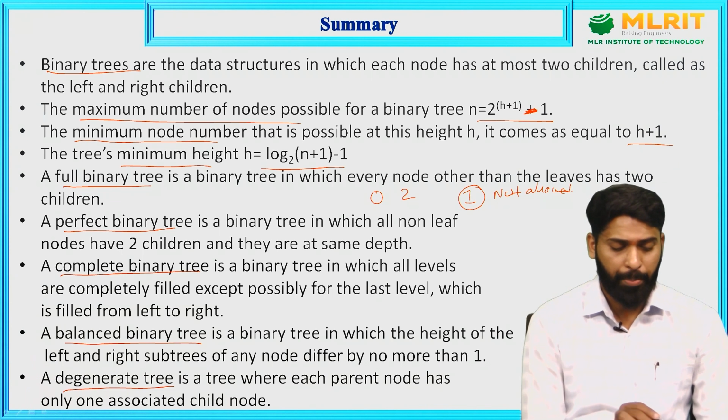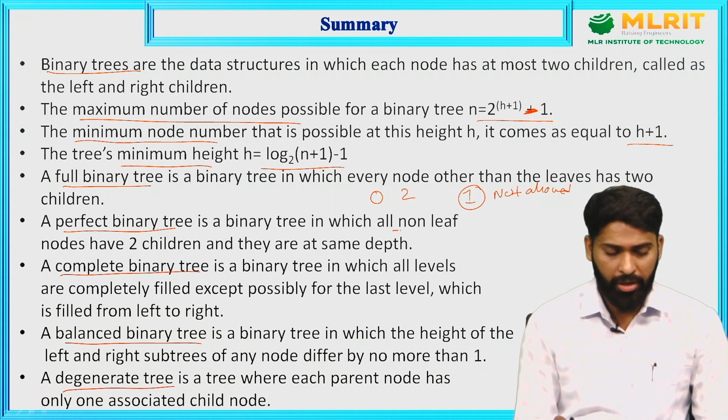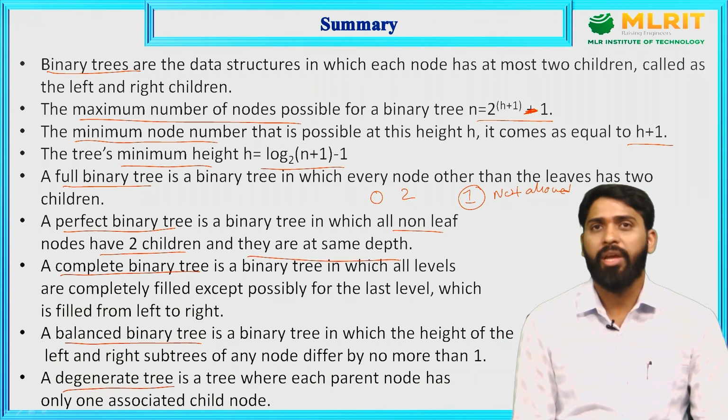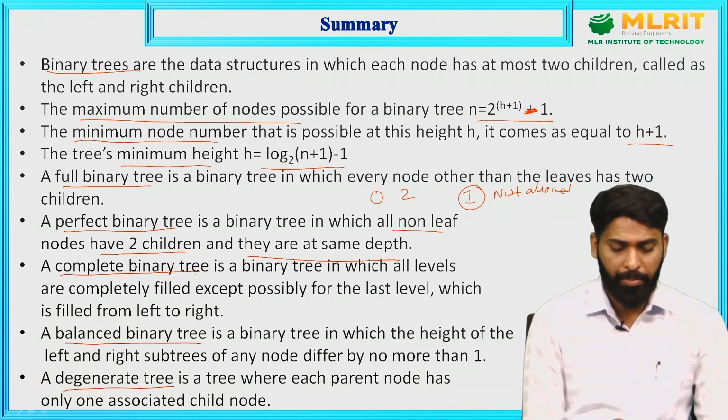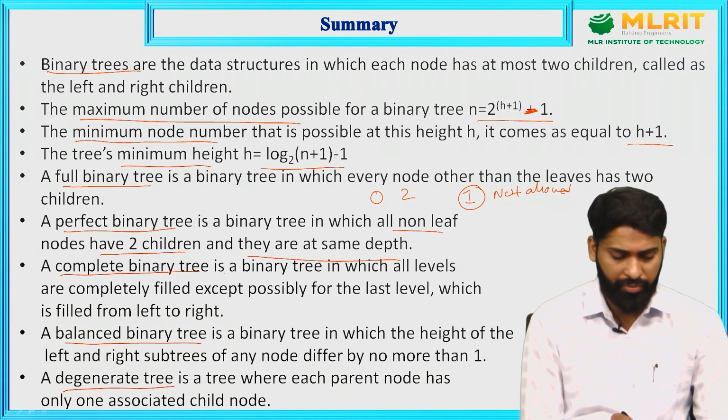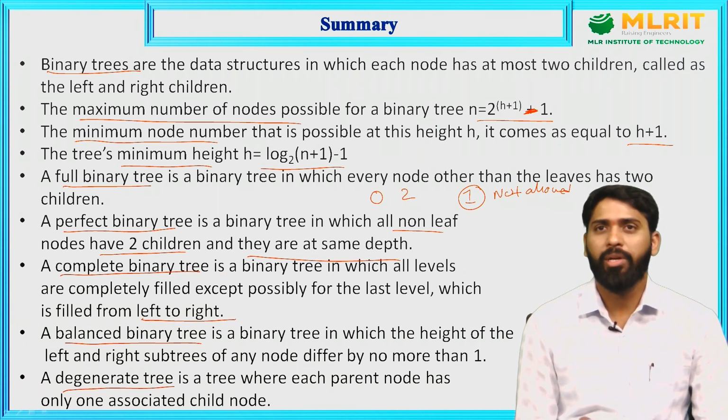Okay. A perfect binary tree means all non-leaf nodes have 2 children and they are at the same depth. A complete binary tree means we fill all the levels except possibly the last level and the new nodes are filled from left to right, that is a complete binary tree.